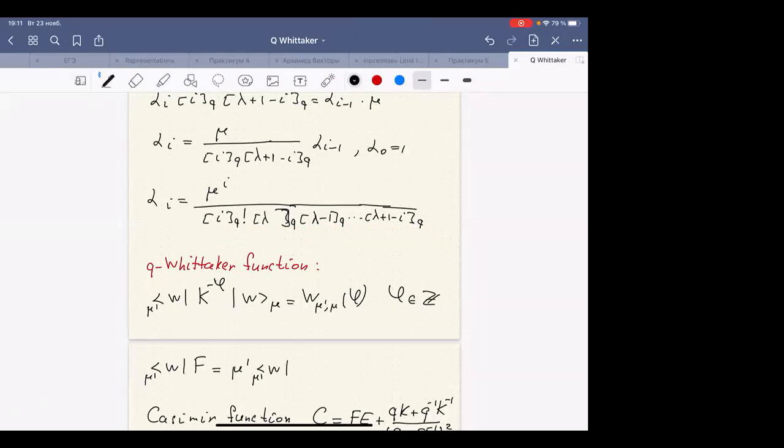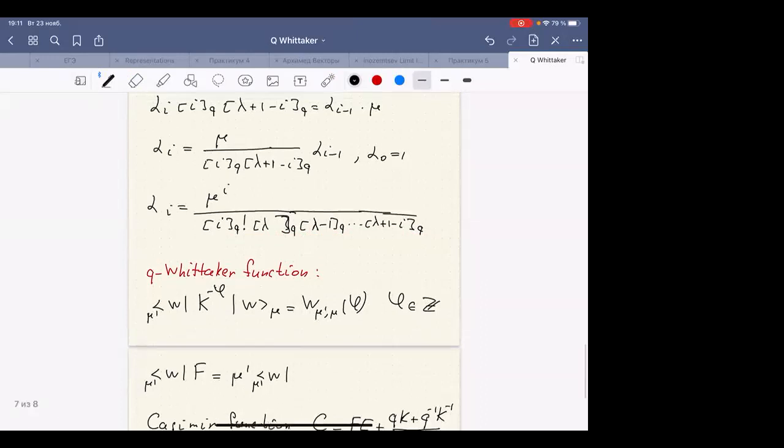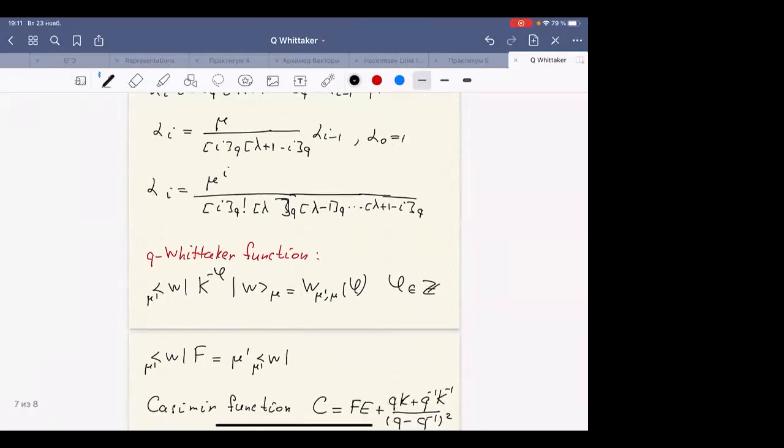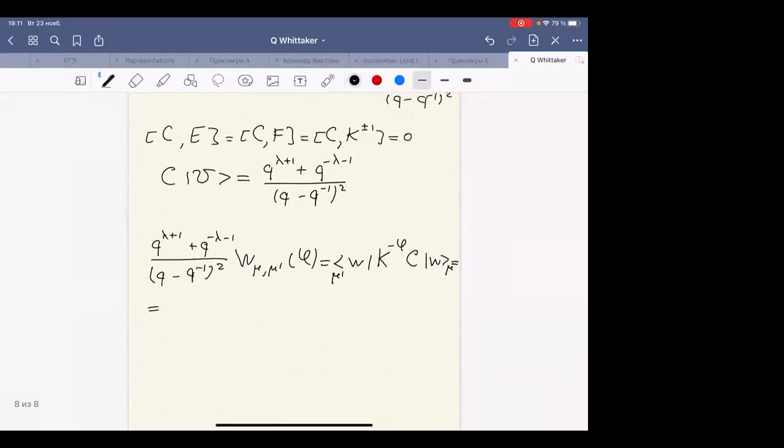It will have a finite dimensional quotient. So I very much assume that the Verma module is irreducible. But to avoid any problems, I can say that Q is not a root of unity. About Q less than 1, or so.